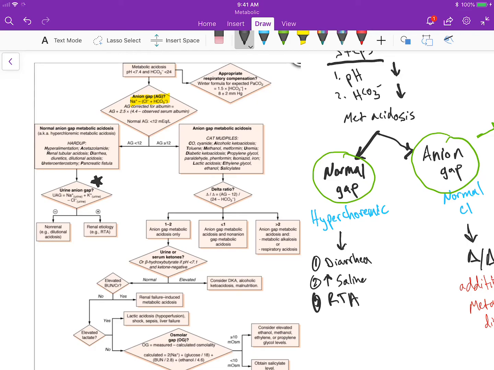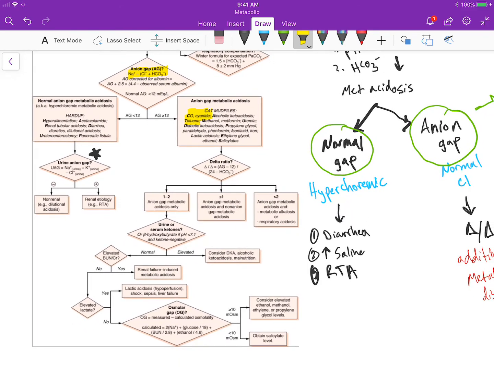If we've identified an increase in anion gap, we have the mnemonic of MUDPILES or CAT MUDPILES, whatever. Don't forget things like carbon monoxide and cyanide can also lead to an increased gap, and then something called toluene, which is in paint thinners. That's something I did not know.